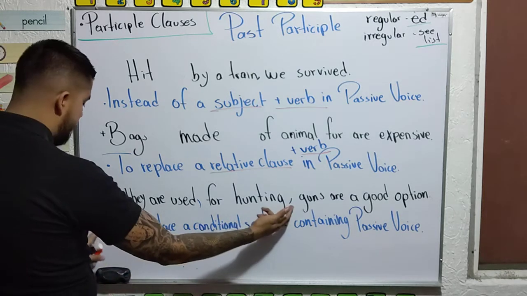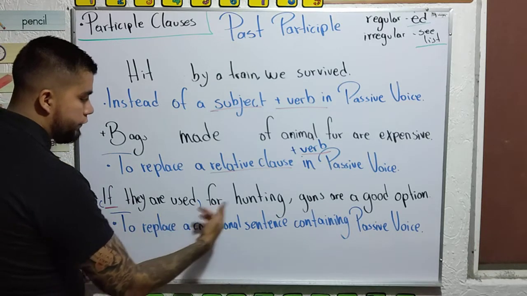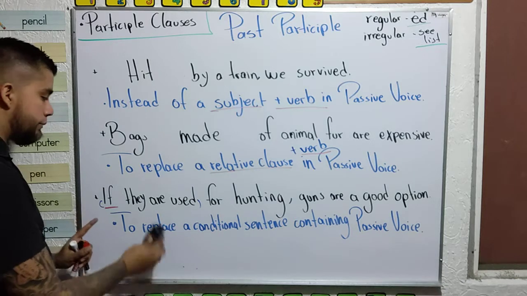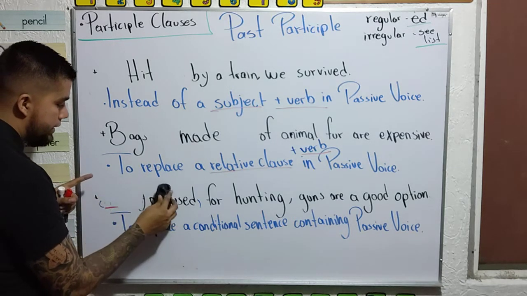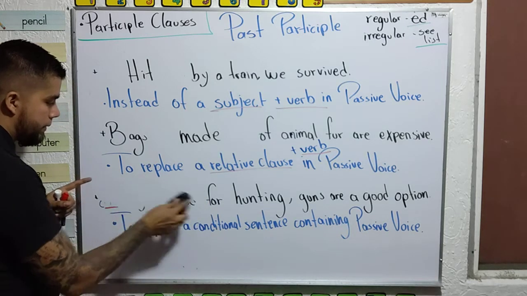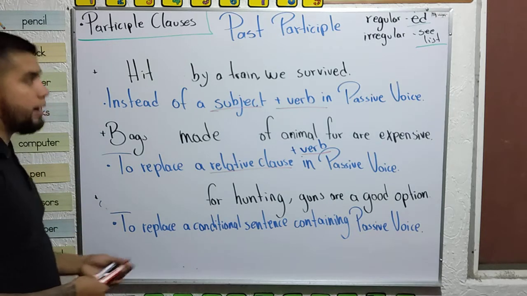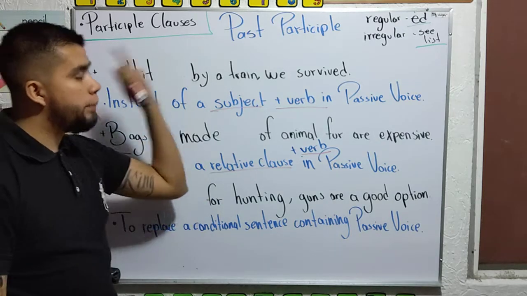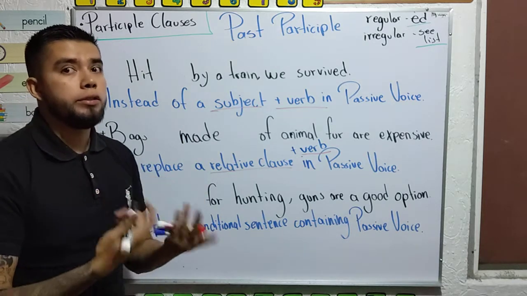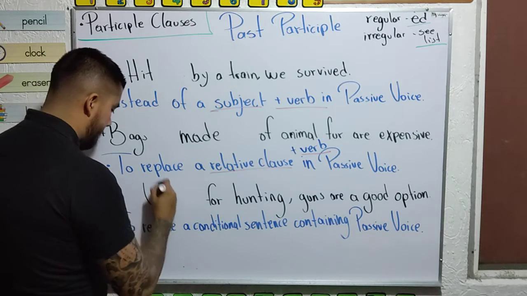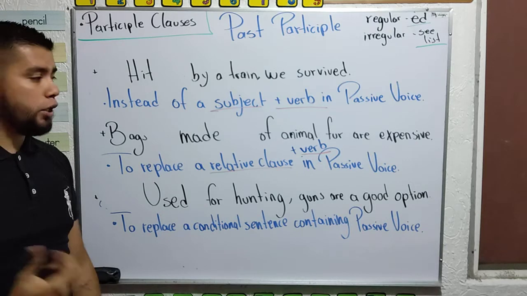So until the comma, this is my conditional sentence. Then I'm going to replace if, subject, and the verb. Then I'm going to use the main verb in participle form. What is the participle form of use? Used. Used for hunting, guns are a good option.